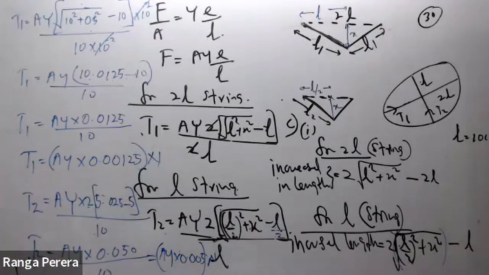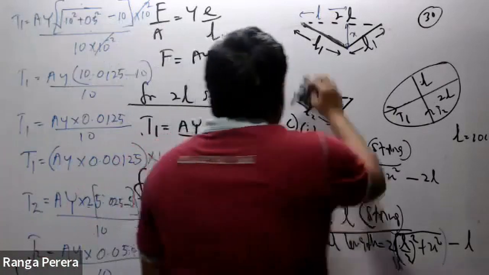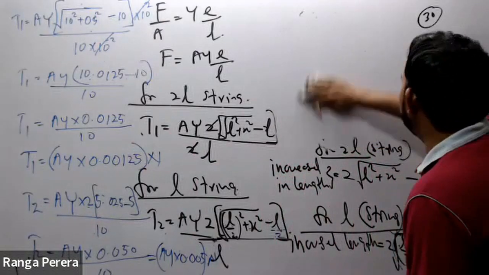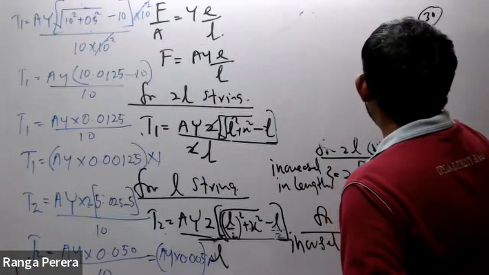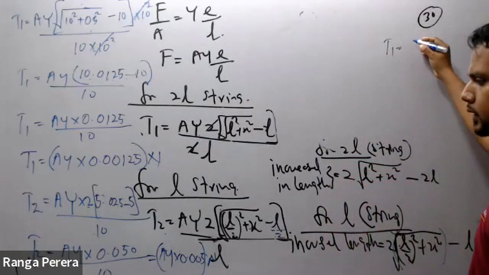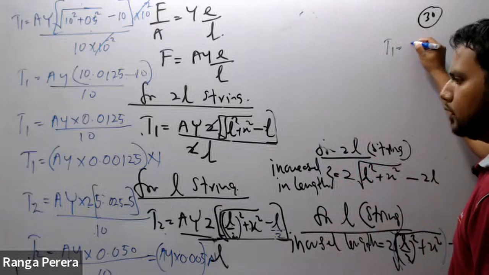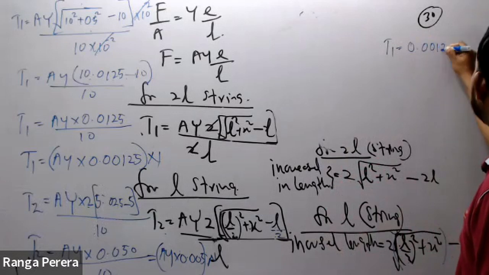AY into that value. Which one is large now? T1 we calculated, 0.00125 AY.